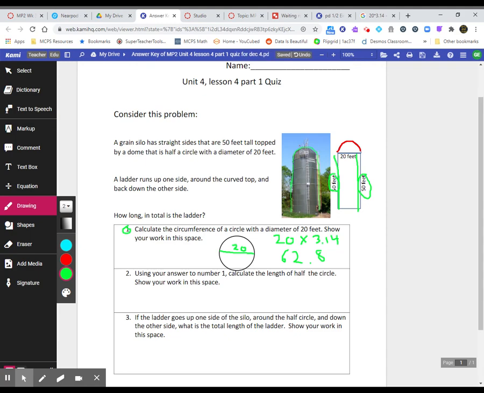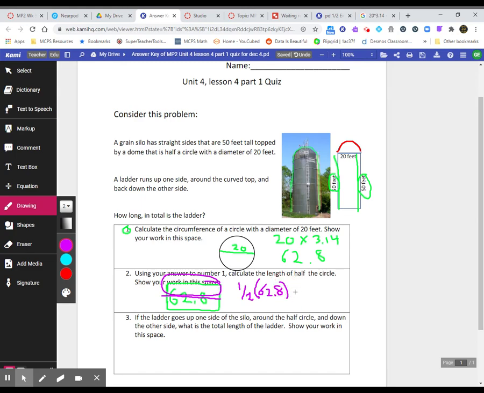Now that we have the answer to number 1, next we're going to calculate the length of half a circle. So we want to know, if the whole circle is 62.8, what would be half the circle, in purple? In other words, what is half of 62.8?